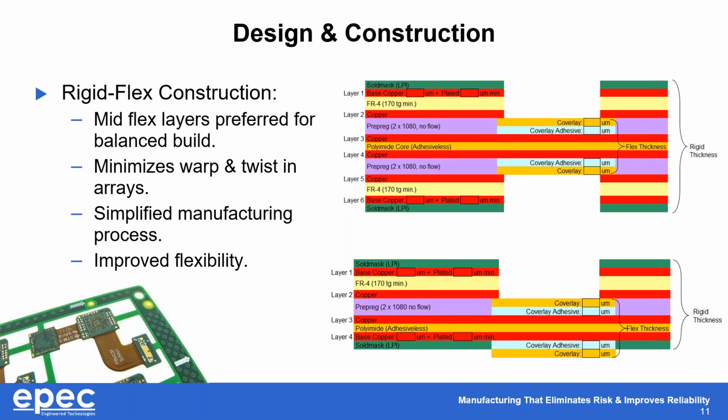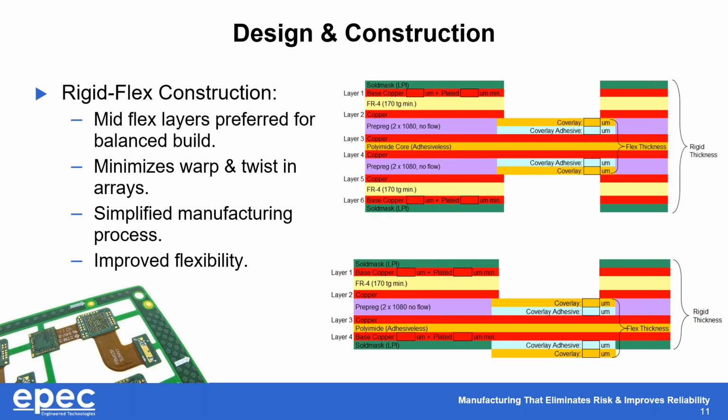Technically, it has advantages in that it'll minimize any warp and twist that might occur, specifically once you panelize these parts into larger array configurations. It simplifies the manufacturing process, and in the majority of cases, allows for the design to have improved flexibility.